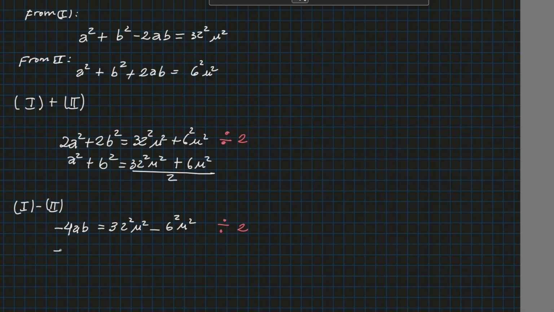The same here, minus 2ab equals to 32 units squared minus 6 units squared divided by 2. Okay, so we have these two expressions. I will highlight them. This is the first one and this is the second one.